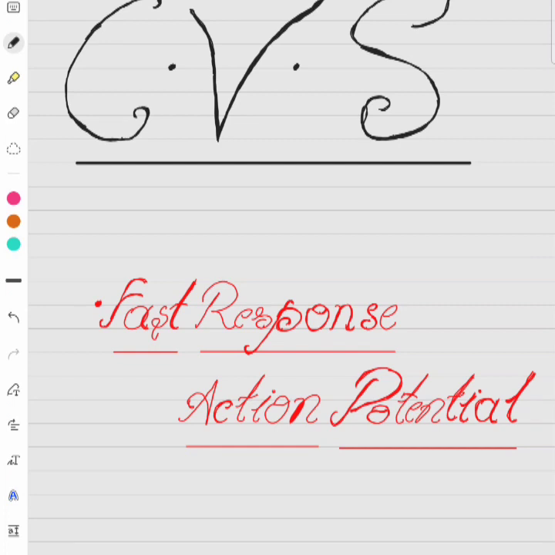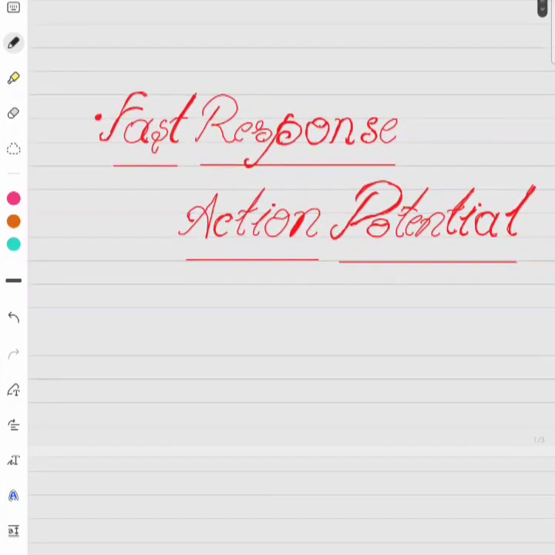So, what is the significance of fast response action potential? To know that, first let's see the types of cardiac cells. Cardiac cells are of two types: working and junctional.